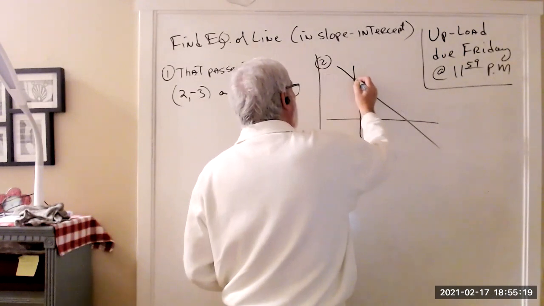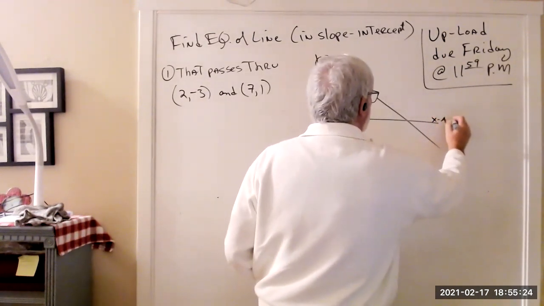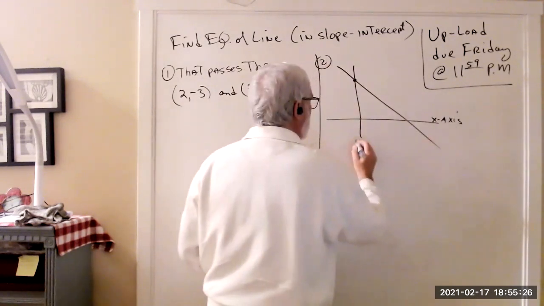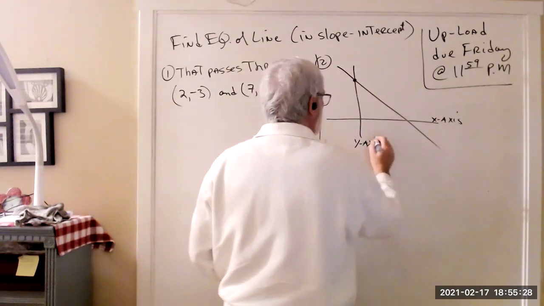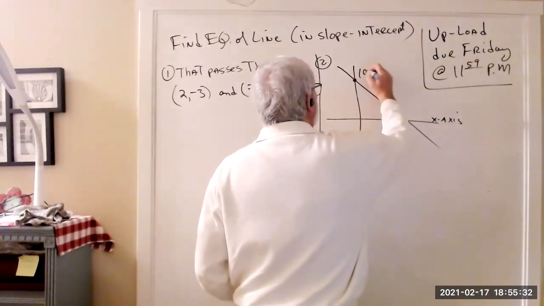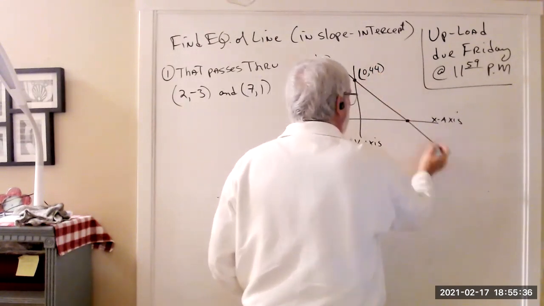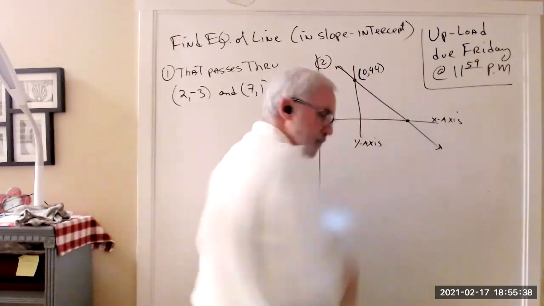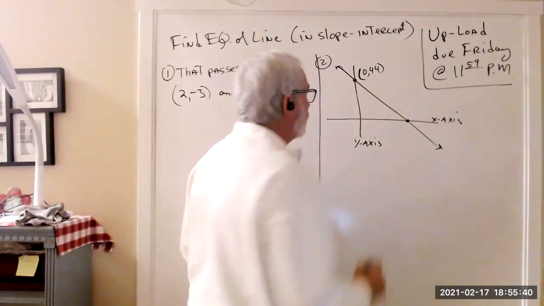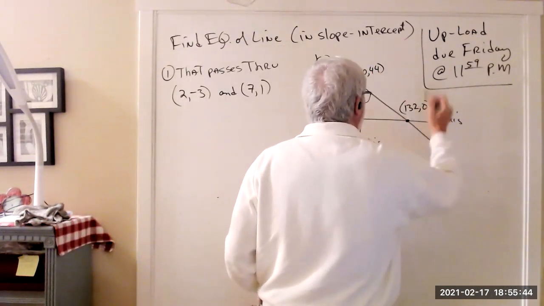Here's a graph. This is the x-axis. This is the y-axis. This point up here is (0, 44), and this point down here is (132, 0).